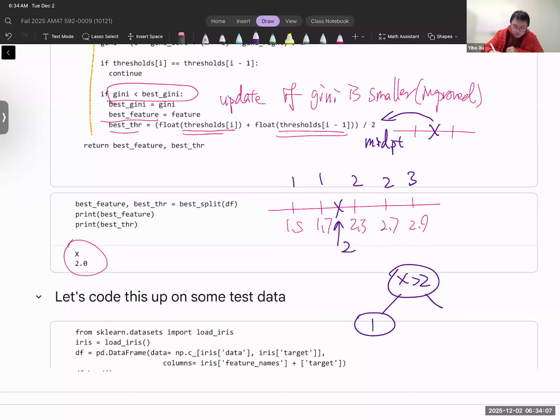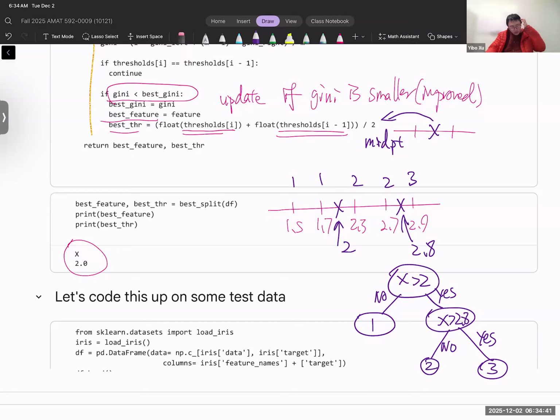So now you ask whether x is larger than the midpoint, which is now 2.8. So x larger than 2.8, yes or no. If it's larger than 2.8, the label is 3. If it's no, then it's 2. So that's the tree. This is the decision tree that you're looking for.